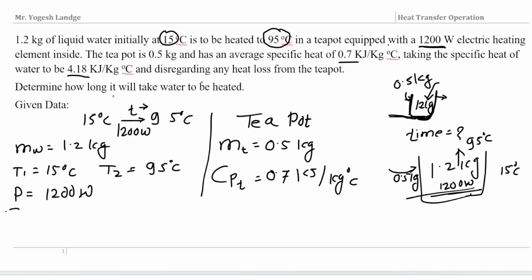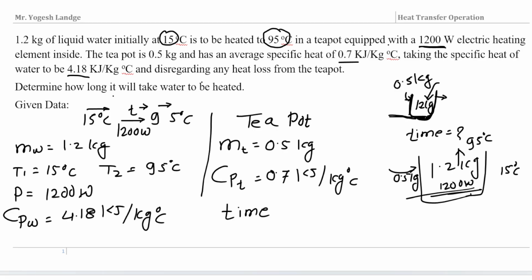Also the specific heat of the water is mentioned here, which is 4.18 kilojoule per kg per degree Celsius. Now, with the help of the given data and all other conditions, we try to get the time required to go from 15 degrees Celsius to 95 degrees Celsius. Step by step we will solve this numerical and try to get the value.